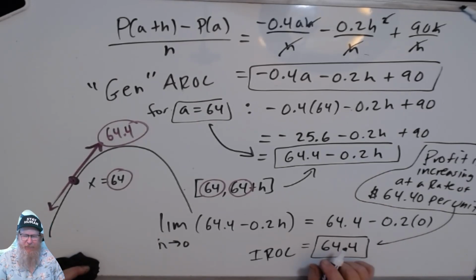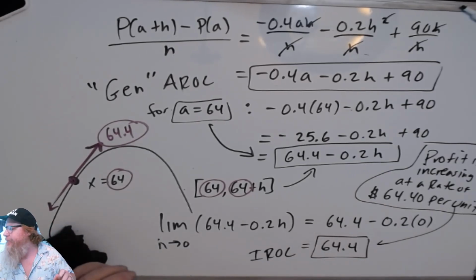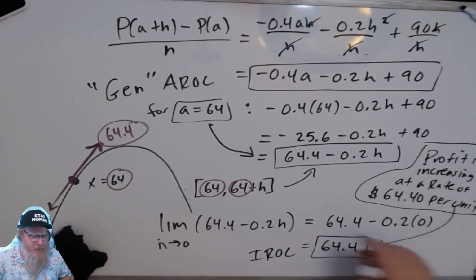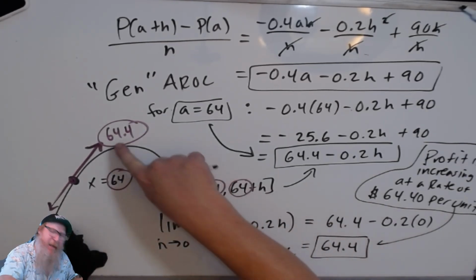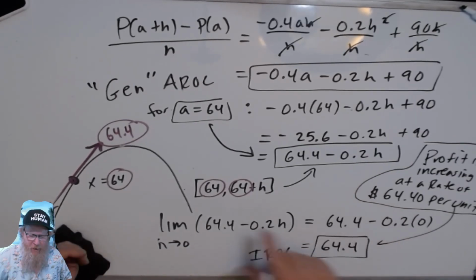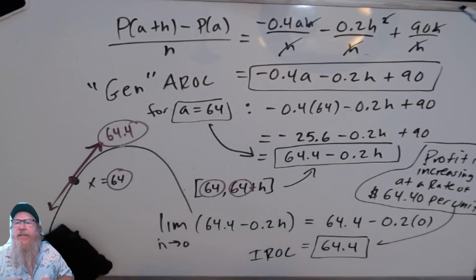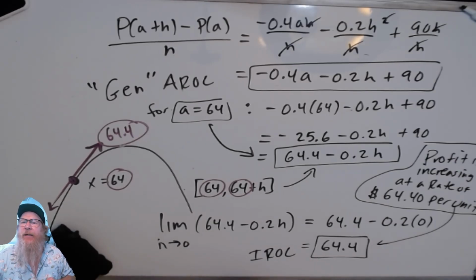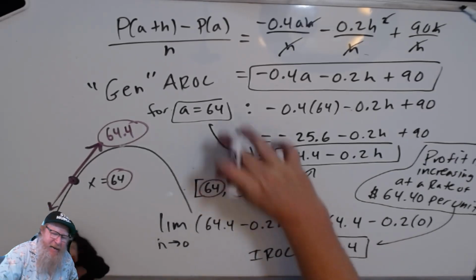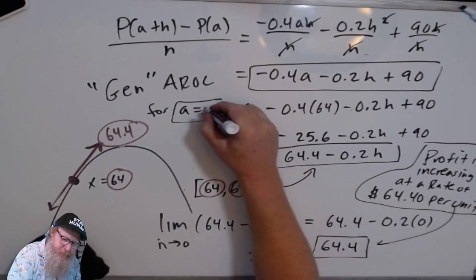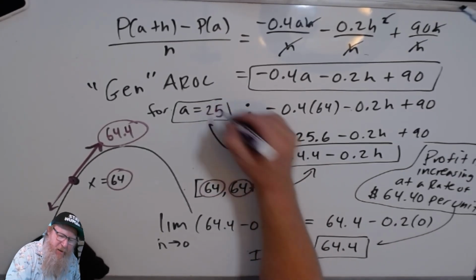Yeah, not really very happy with the way that came out. I don't want to give the impression that because this was 64, that came out to be 64.4. This could have been a completely different number, and this might have still come out to be 64.4. I could do it for a different a, you know. Say 25.